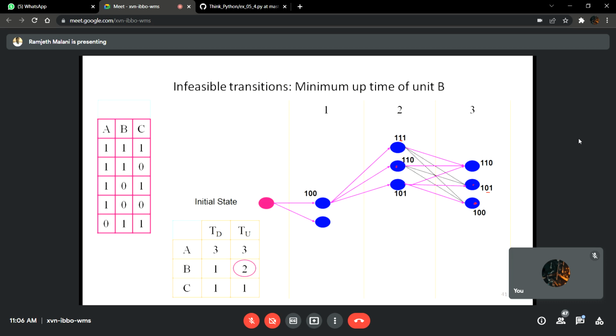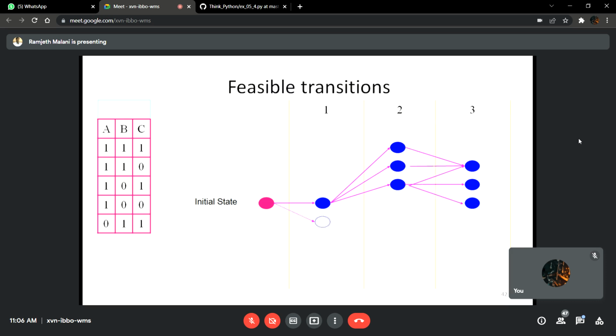So the dotted lines here represent that those paths are infeasible. So all the infeasible routes we have neglected. Now we retain only the feasible paths.